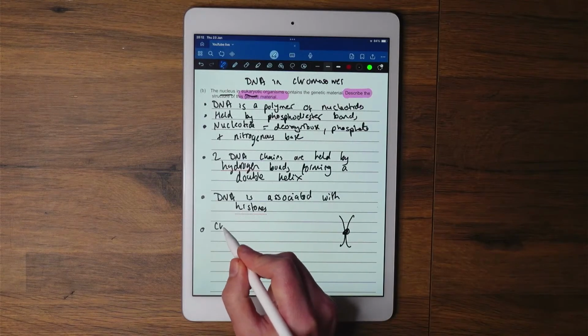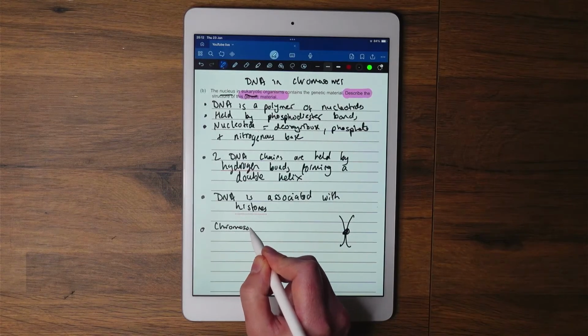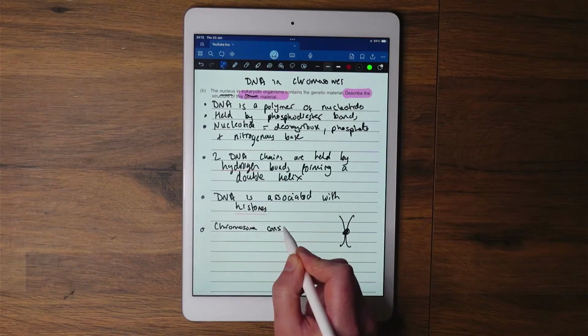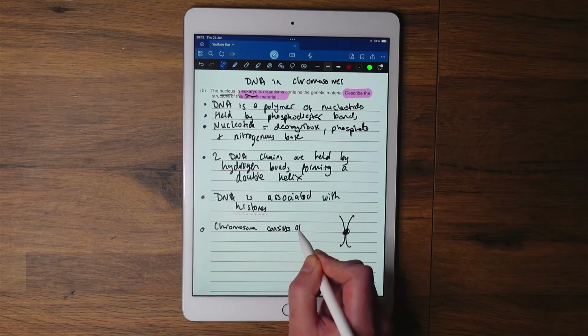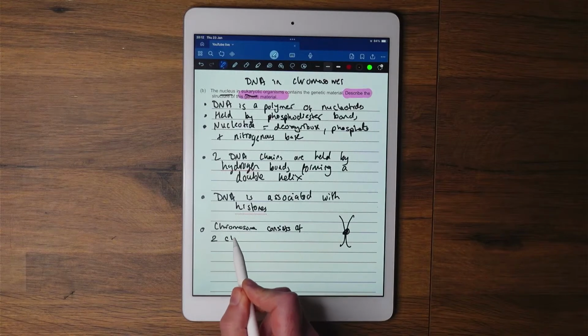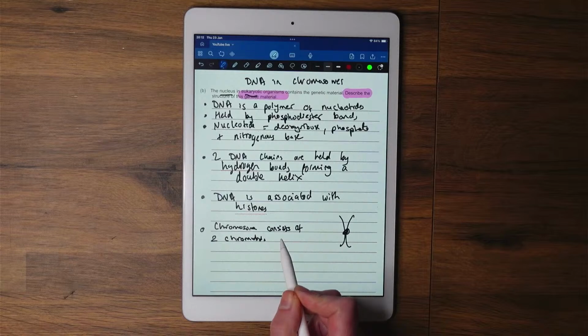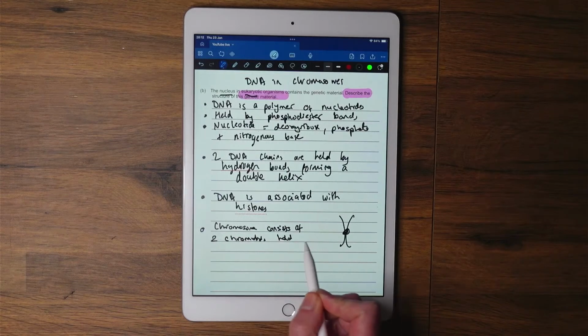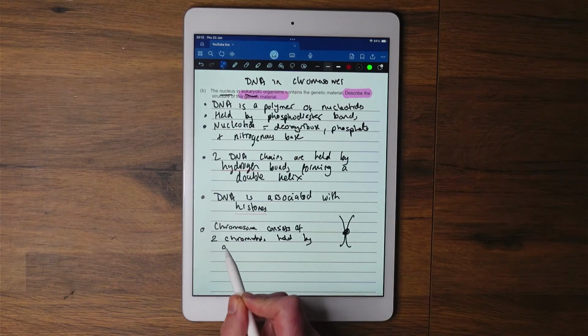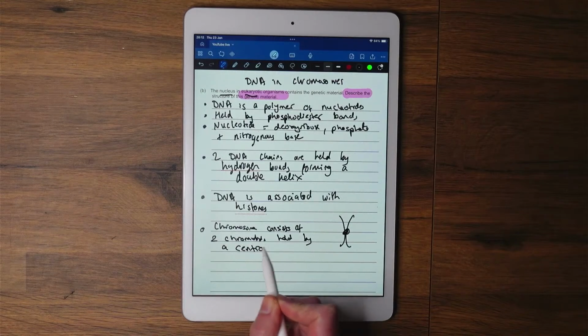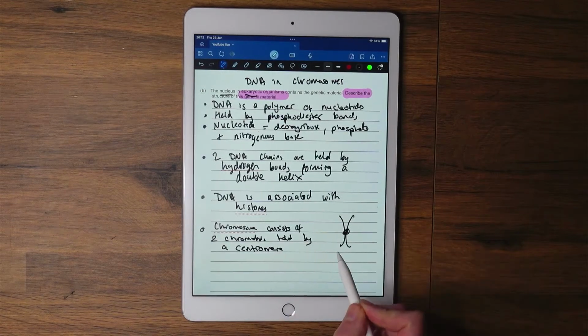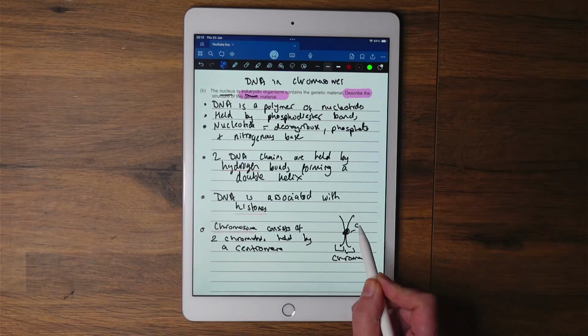So I'm going to say chromosome consists of 2 chromatids held by a centromere. So that's 1 chromatid, and that's the other one, and that's the centromere.